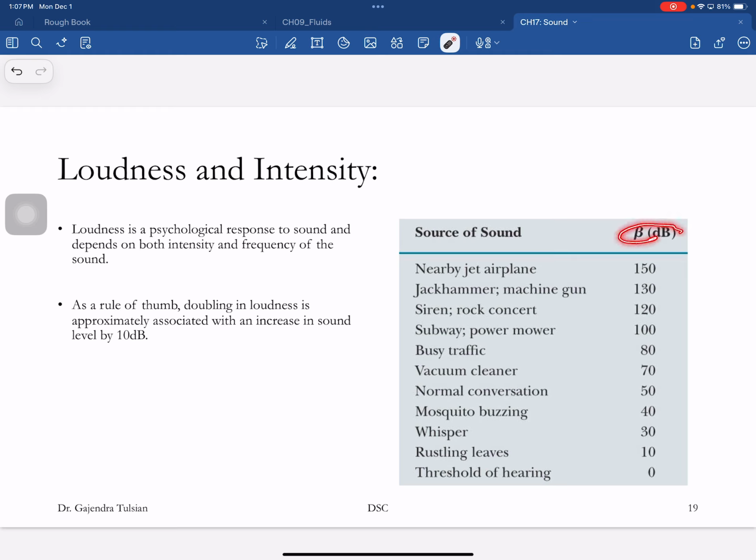So here are some decibel levels of various things. Here's the jackhammer at 130 decibels. Construction workers have to wear ear muffs, because if you hear loud sounds for too long, it's psychologically debilitating.